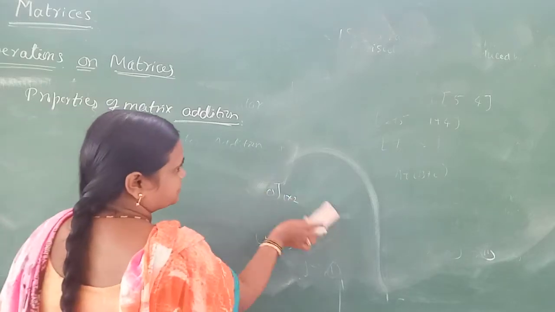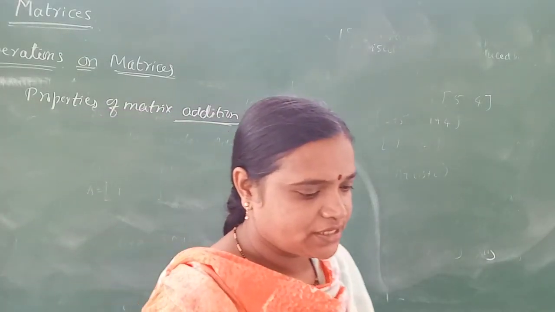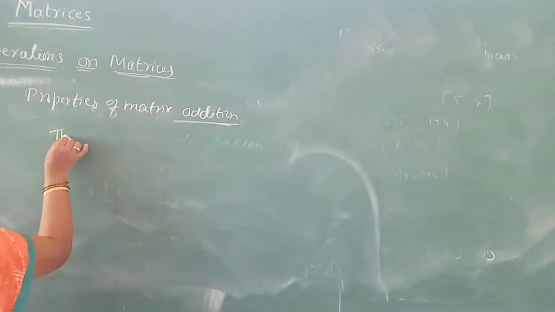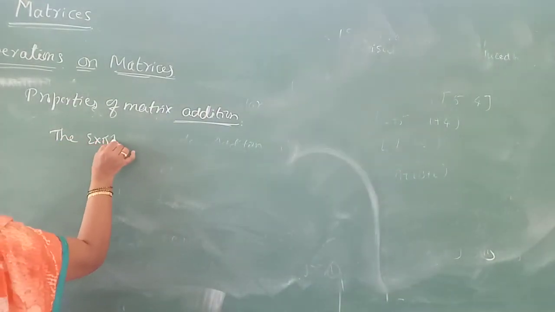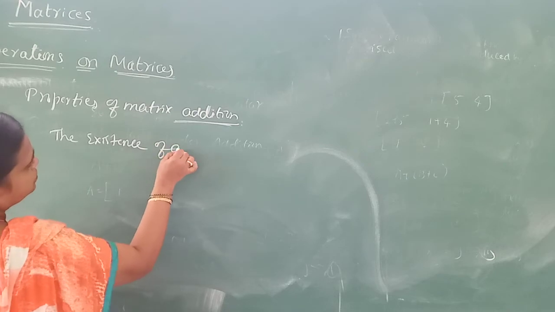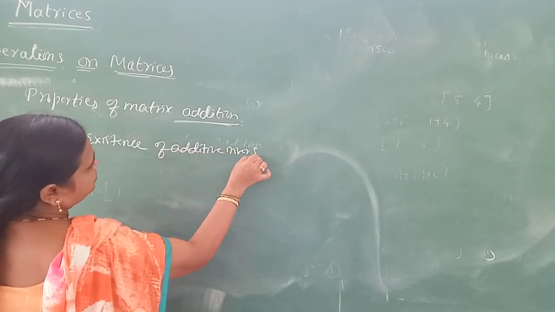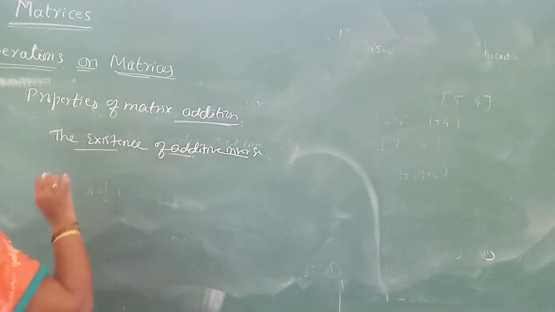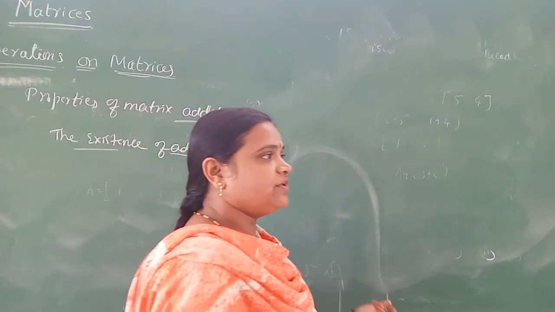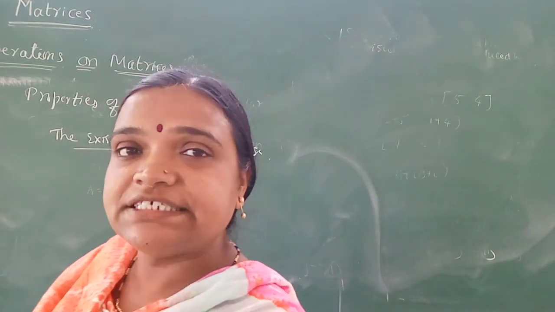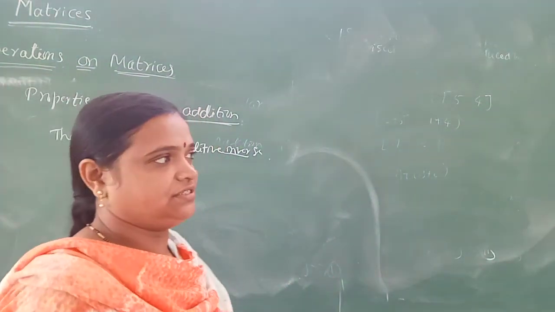Next, additive inverse. The existence of additive inverse. If A is any matrix, then minus A is called the additive inverse.